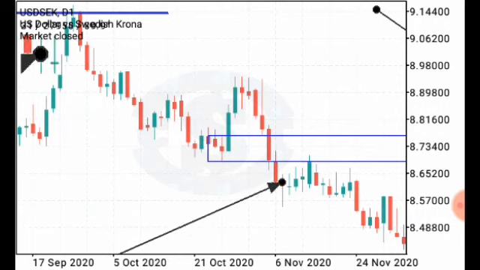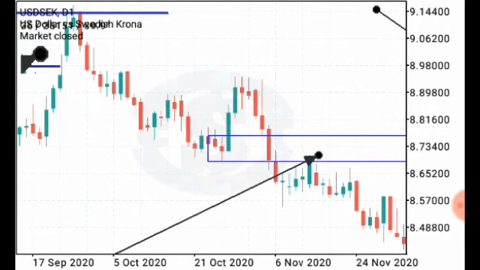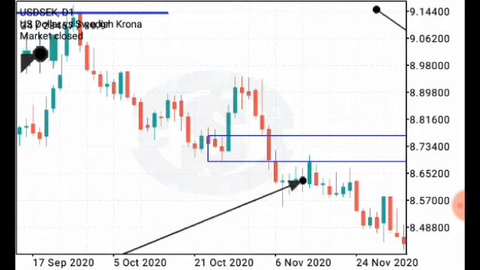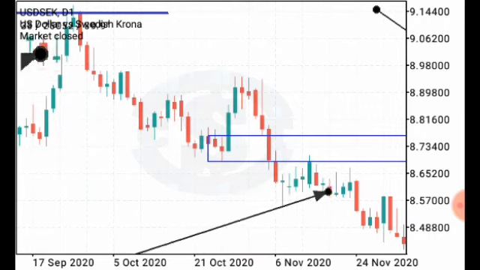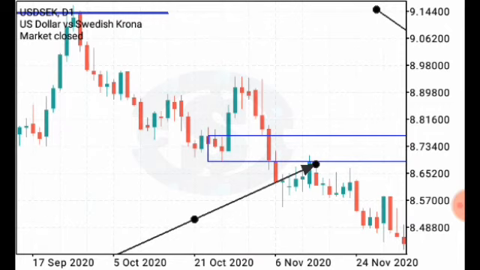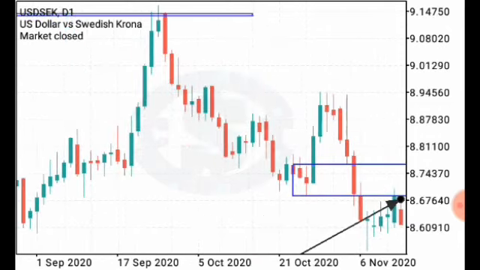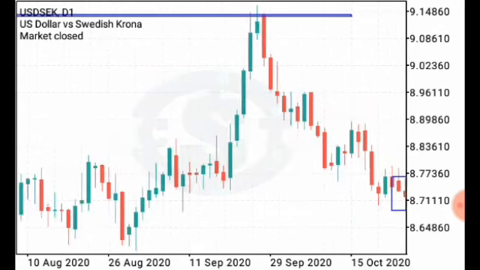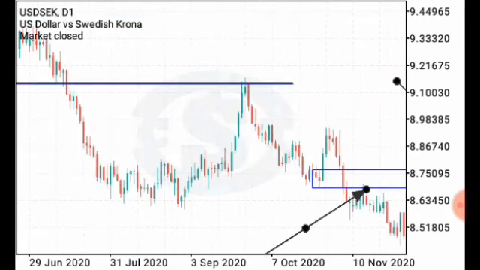So price comes back into it, and now we see the level becomes a flip zone. So this is the second type of the flip zone we talk about. All right, I hope you love it. It is very short and sweet. I should say that, short and straight to the point. And this is really powerful, guys.